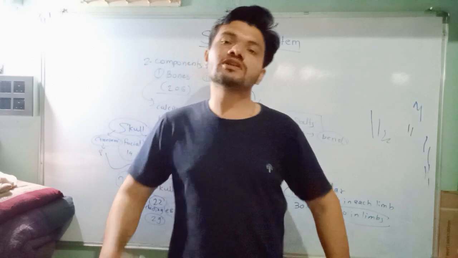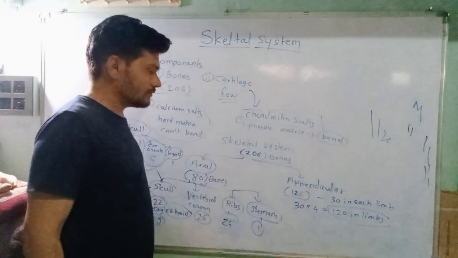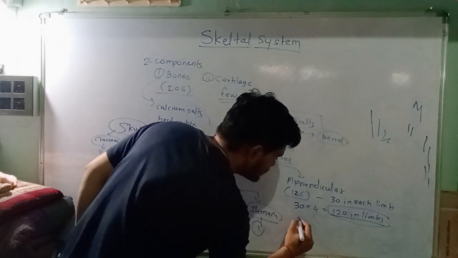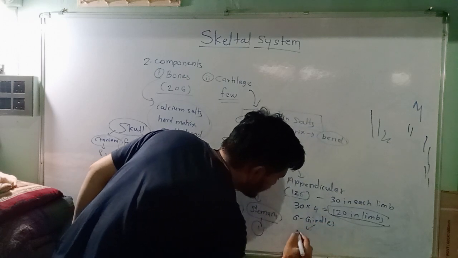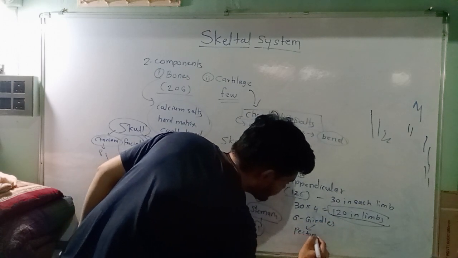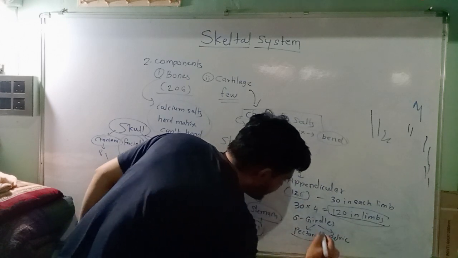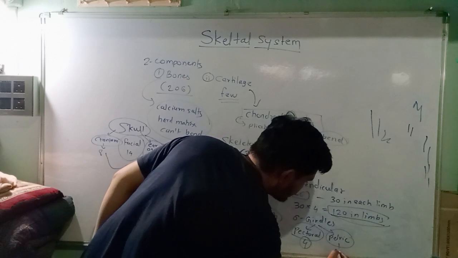Pelvic joins your legs to the axial skeleton. So 120 in limbs, 6 in girdles. Pectoral girdle has 4 bones. Pelvic girdle has 2 bones.